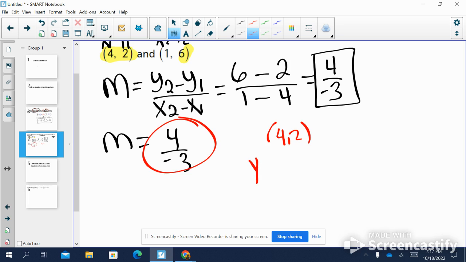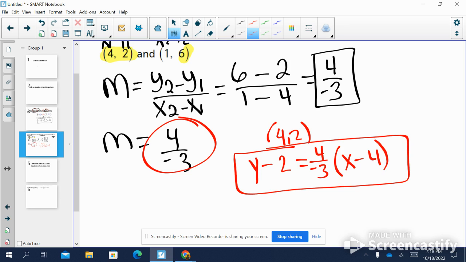Okay, so again, y minus y1, well, y1 in this case is 2, equals the slope, 4 over -3, parentheses x minus x1. In this case, our x1 is a 4. So this is just one of the many equations that we have in point slope form for the line that goes through points 4, 2 and 1, 6.